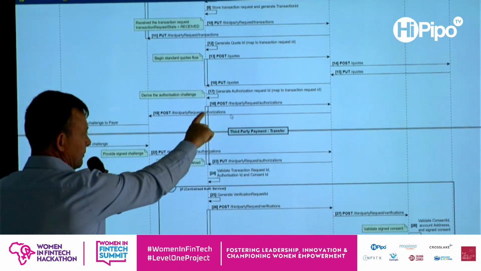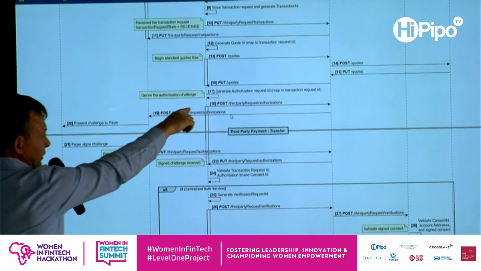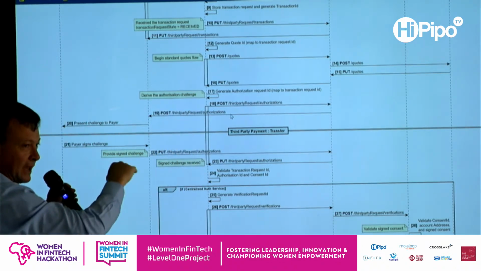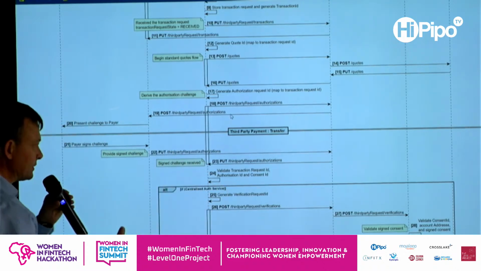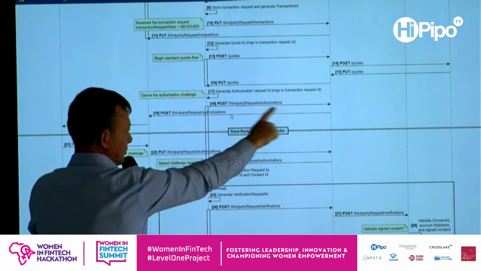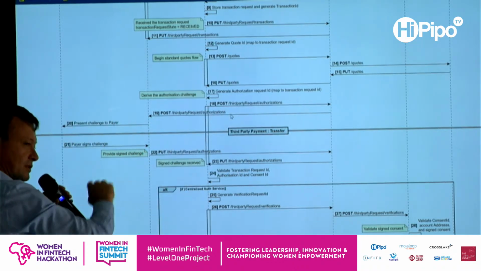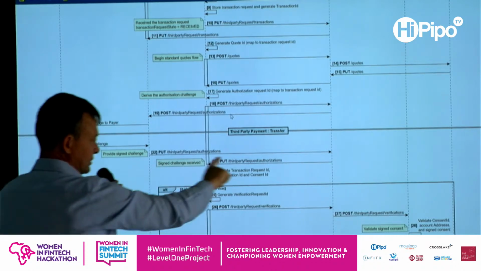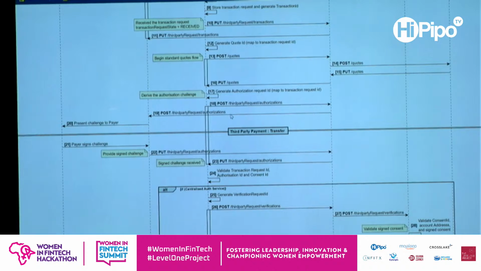So the payer DFSP initiates it with a POST authorization, you get the response back, and then you respond with a PUT authorization, giving your signed challenge and the message that you are happy to proceed with the transfer.